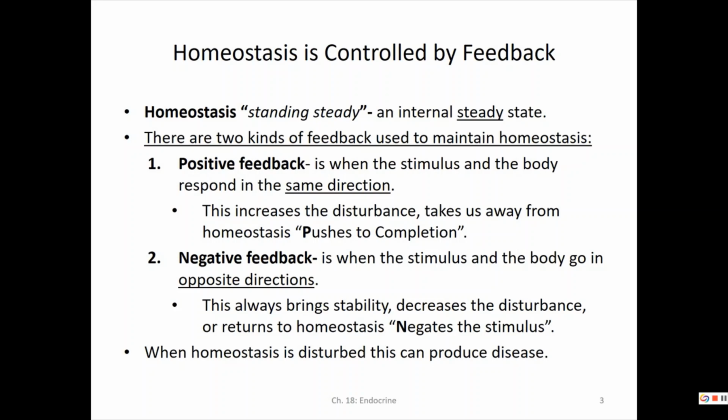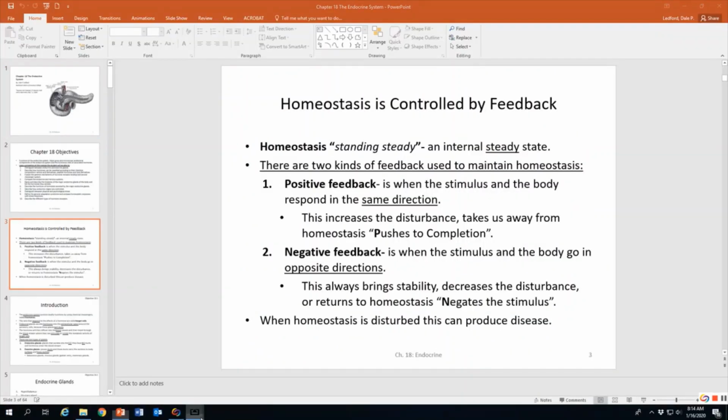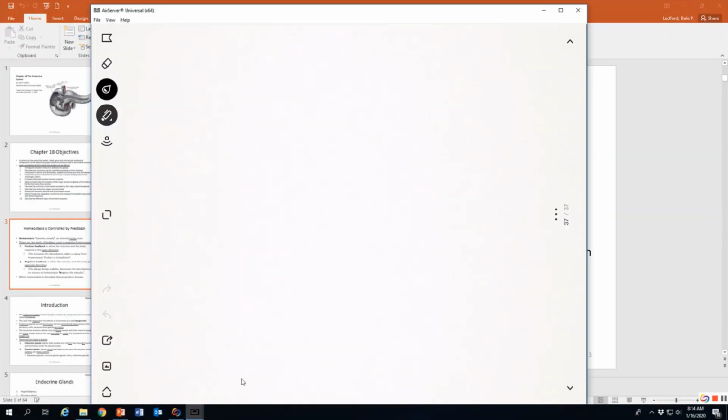Now, when we talk about positive feedback, think about if I were to draw a line right here, this line would be a set point. This line would be the normal value or the homeostatic range for a thing in our body.